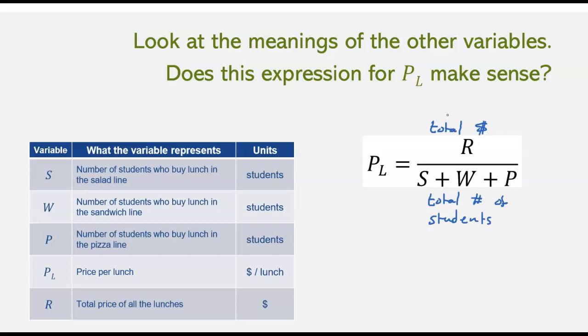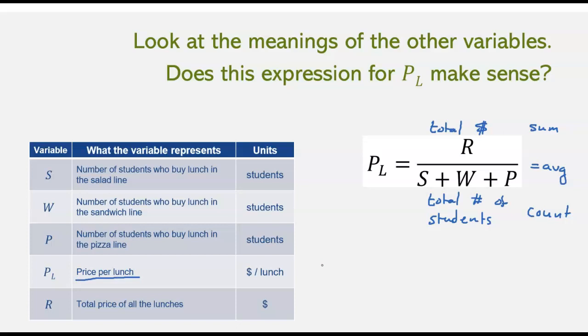So if we take the total price, that's a sum. We add all the prices of the lunches together. Total number of students, we counted up all the students. This is a count. A sum over a count is going to be an average, right? And look at this, price per lunch. That's an average measurement.